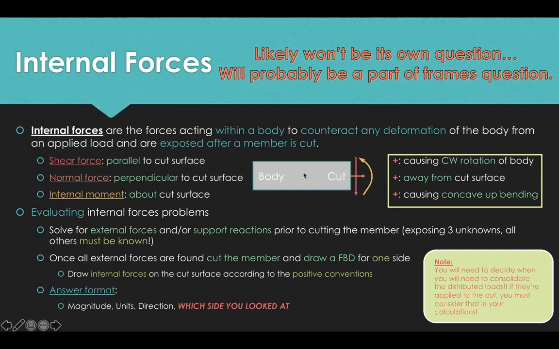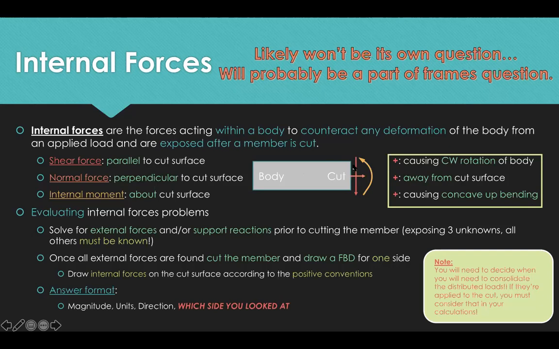Because again, if I were to reconnect this cut half with the other half, it won't move, because in statics it's not breaking, right? So all of these forces only exist when I cut it. So if I were to put the other half right here, the arrows should point in the exact opposite direction. So the shear force should point up, the normal force should point to the left, and the moment should be clockwise.